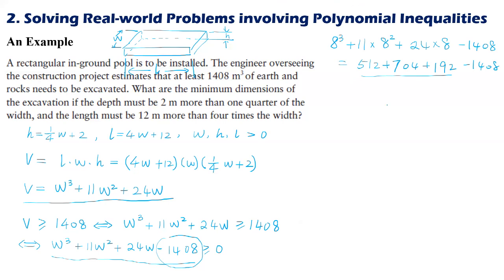So this is actually 1408, right? So when you put 8 in there, you will get a 0.